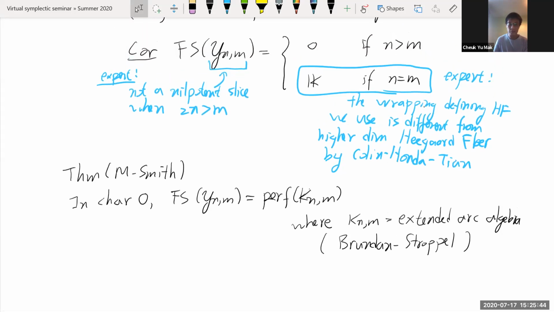Any questions so far about the category, or about the theorem, or about the setting?